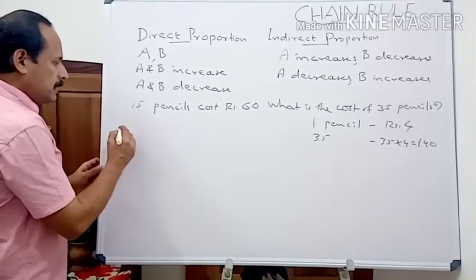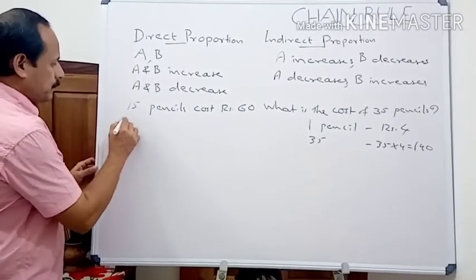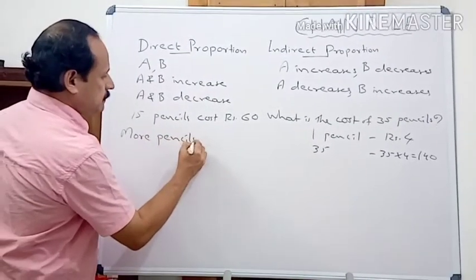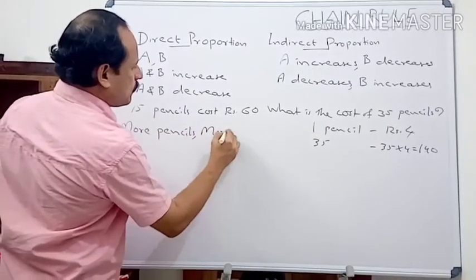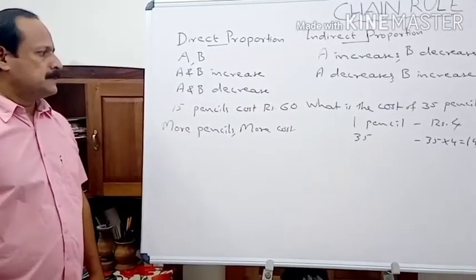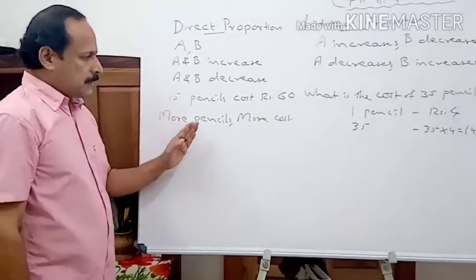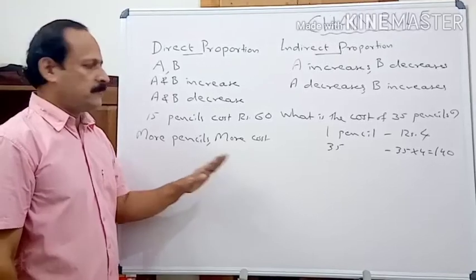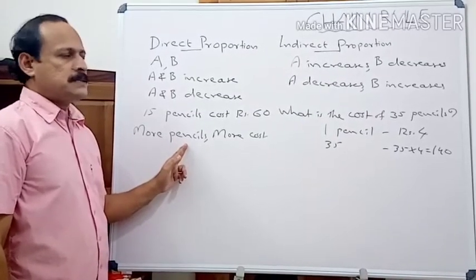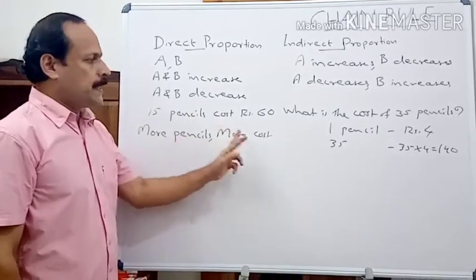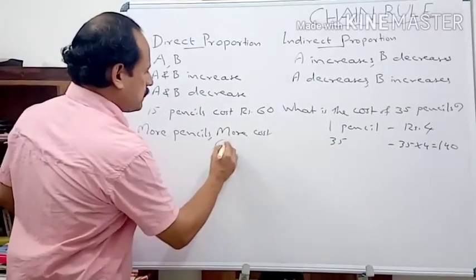Therefore, more pencils, more cost. So number of pencils and cost are in direct proportion. Why? When the number of pencils increases, the cost of those pencils increases.